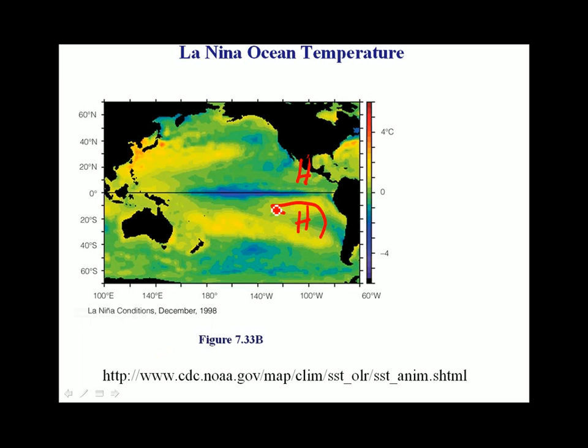And since it's stronger than normal, the winds are faster, stronger, and they begin to pull more and more of the surface water away from the coast of Ecuador and Peru. And so you see this nice cool tongue of surface water extending from the equatorial region of Peru over to the central portion of the Pacific.